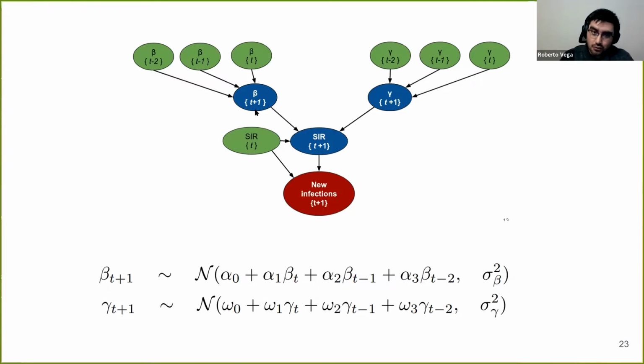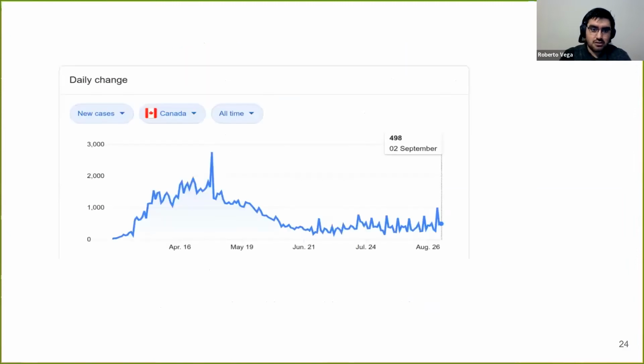Now, what we can do is estimate the parameters beta and gamma for tomorrow as a linear regression of the parameters of this week, the previous week, and two weeks ago. So basically, we take the beta and gamma from the past, and build a very simple linear regression problem to estimate the parameters beta of the future. Once we have that, we can make the predictions.